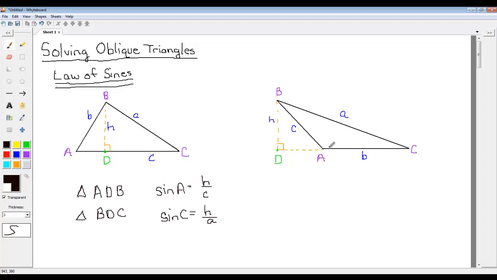The sine of angle C is going to be opposite h over hypotenuse a. And also if you look over here, at this right triangle, sine of C is opposite h over hypotenuse a.